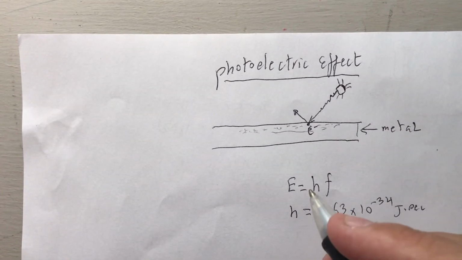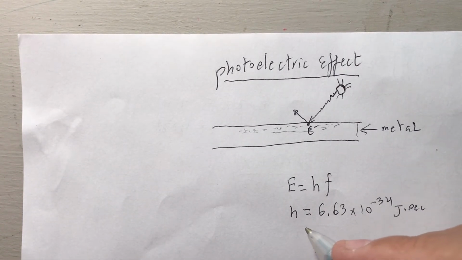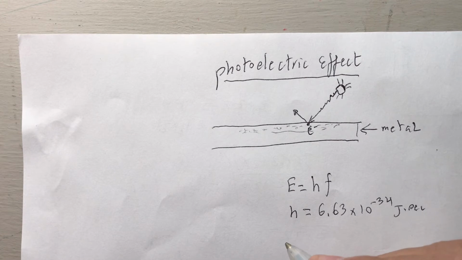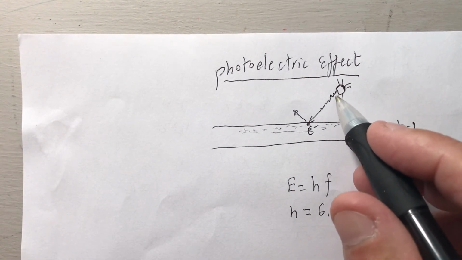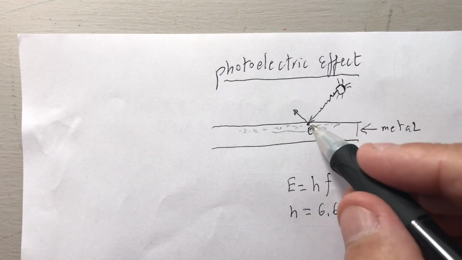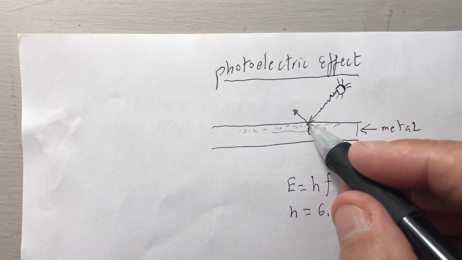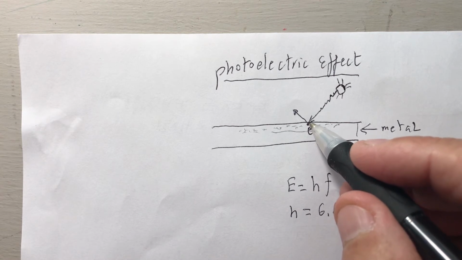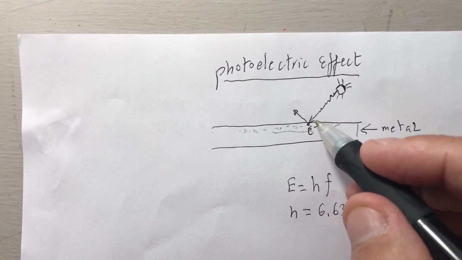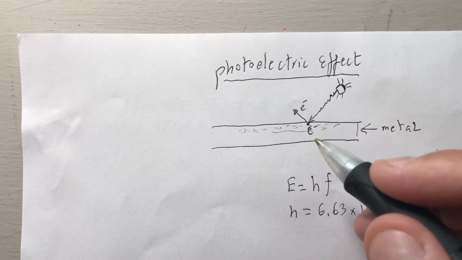Some physicists call it the work function. Some, for simplicity, just call it the binding energy. If the energy of light is high enough, it will give the energy to the electron and satisfy the binding energy. The atom will lose the electron, because the energy coming from light is high compared to the binding energy, so the electron will jump.